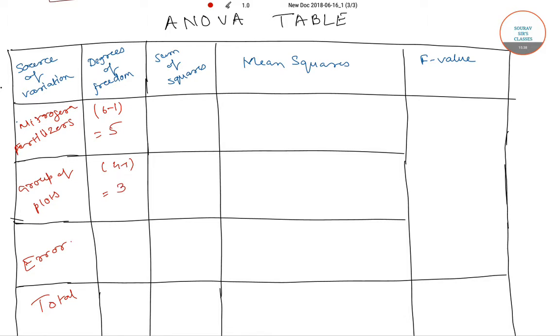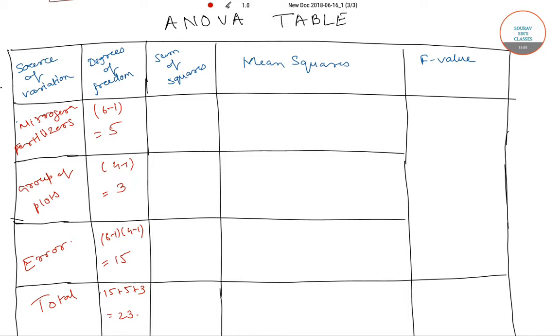Now due to error, it is 6 minus 1 into 4 minus 1, which is 5 into 3, which is equals to 15. So the total degrees of freedom is 15 plus 5 plus 3, which is equals to 23.